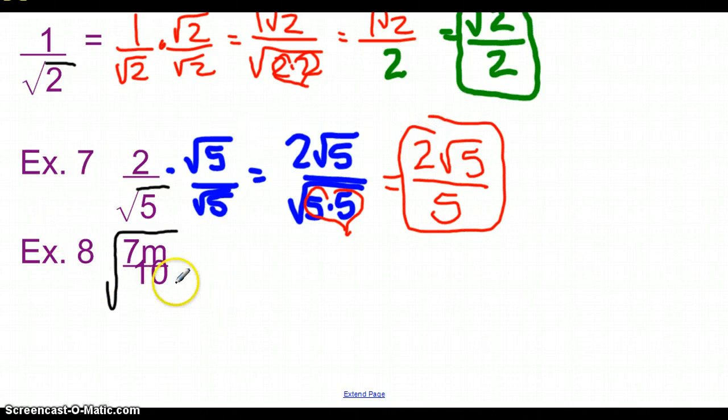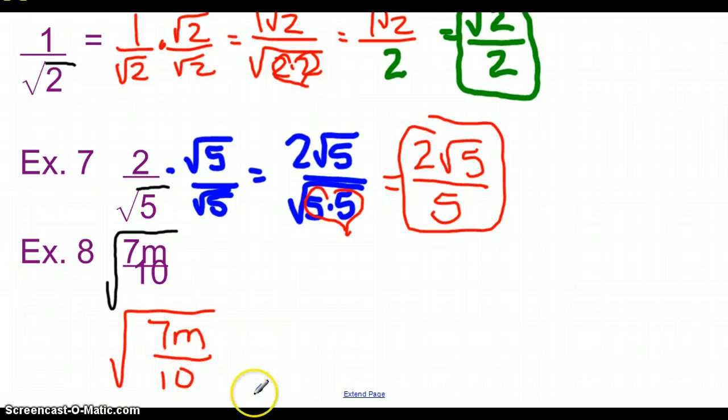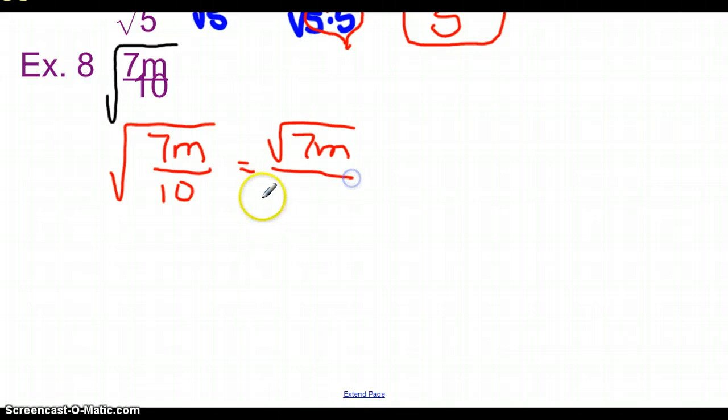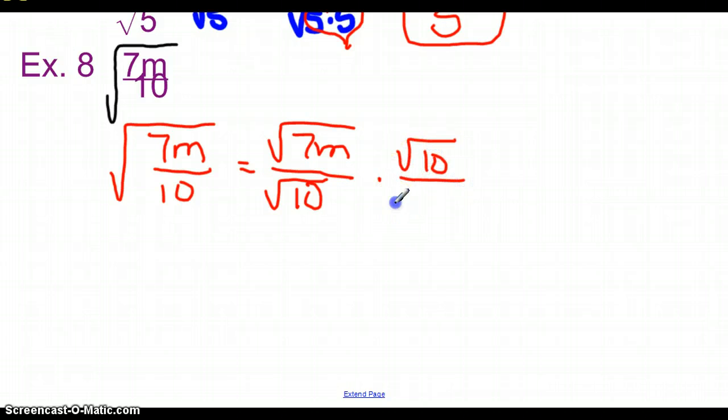Now this one's a little more challenging. Let me rewrite this so it looks a little more normal. It starts out like this. My job is first of all to separate those square roots, because I have to get rid of the square root of 10 that's on the bottom. So I'm going to multiply the bottom and the top by the square root of 10. On the top, those are all going to be underneath one root, and there's not going to be any simplifying I can do.